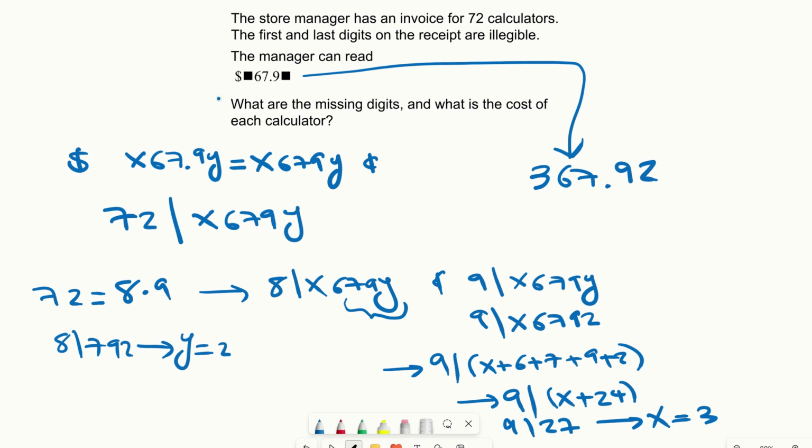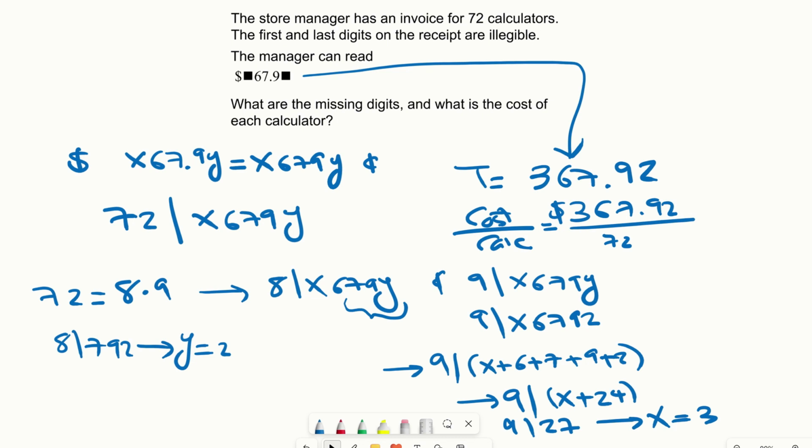Now all we have to do, this is the total, so cost per calculator is just going to be the total divided by the number. So this many dollars divided by 72 calculators.